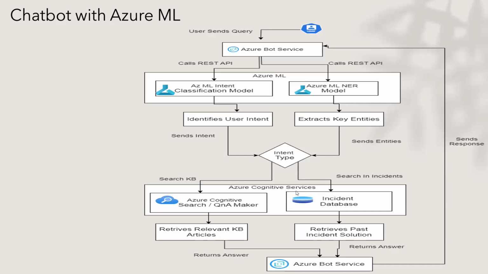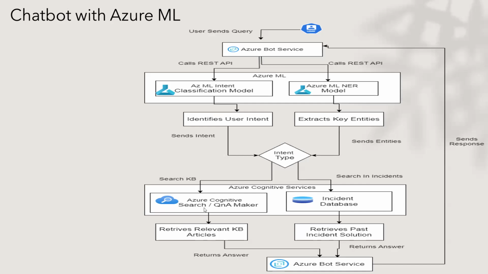Then the intent type is matched with the incident database, which retrieves the past incident solution, and then it gives the answer to the Azure bot service, and then the Azure bot service sends the response to the user.